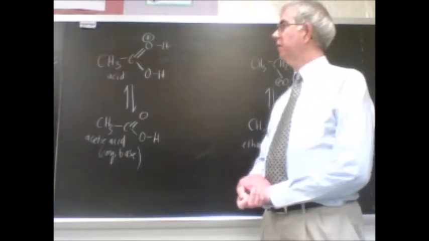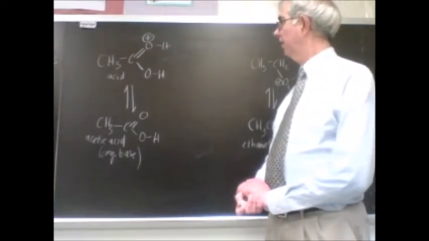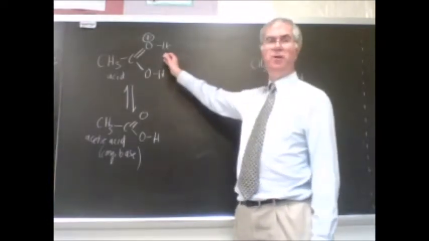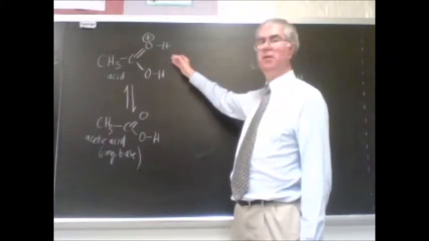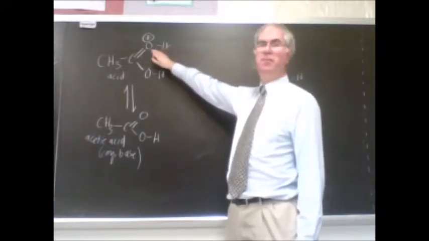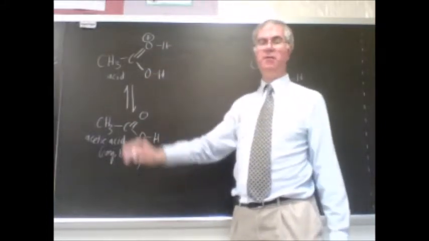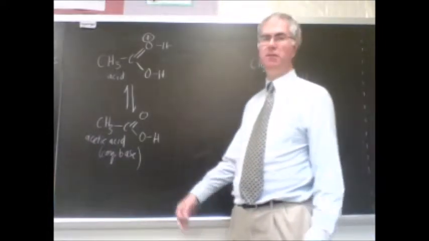Okay, so I'd also like to look at the possibility of acetic acid acting as a base. And we're looking now at this acid form where we've actually added an H plus to acetic acid. In the previous example, we looked at removing an H plus from it.